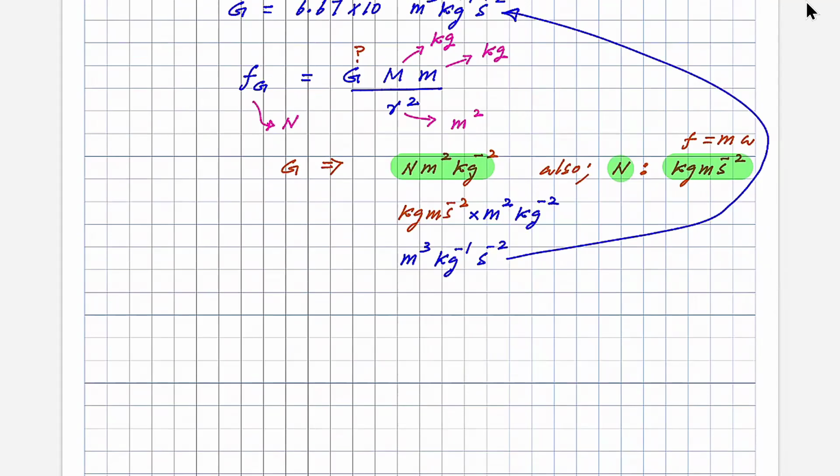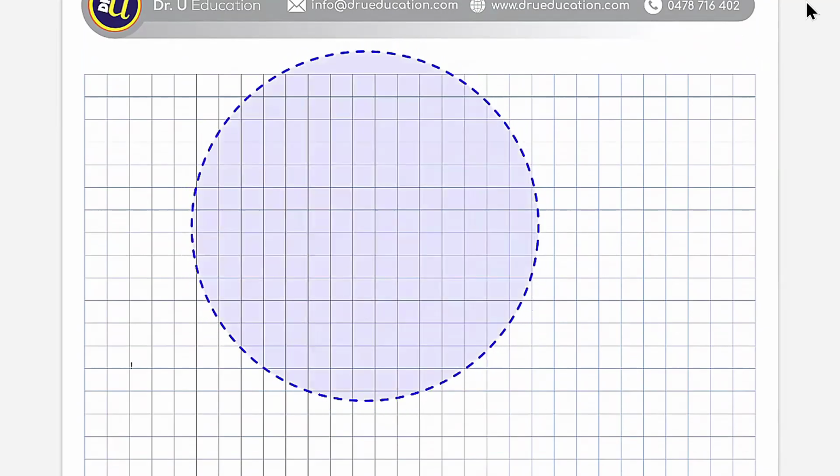Now, let's think about this. I'm going to have an orbit and a circle, and suppose this is Earth, ME. So this is the orbit, right? What is the radius here?